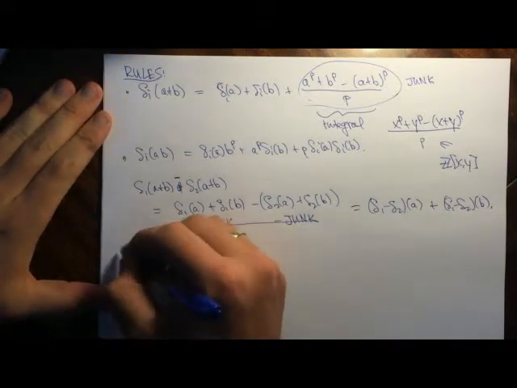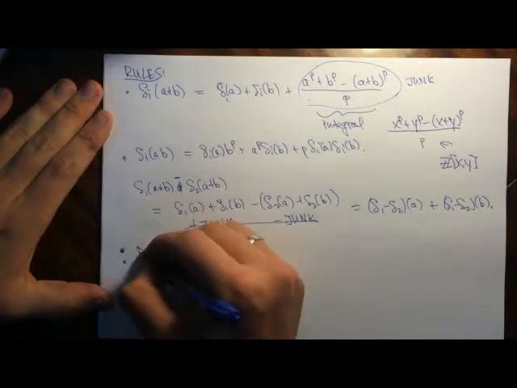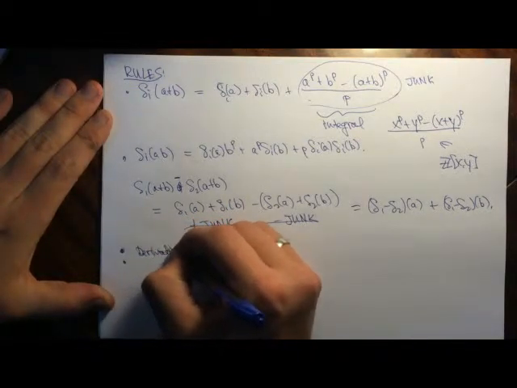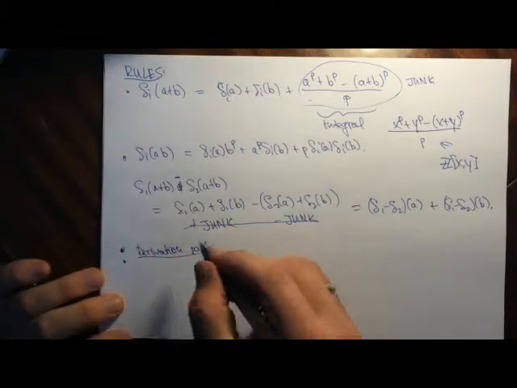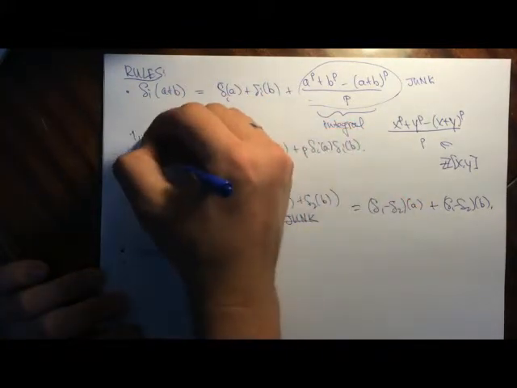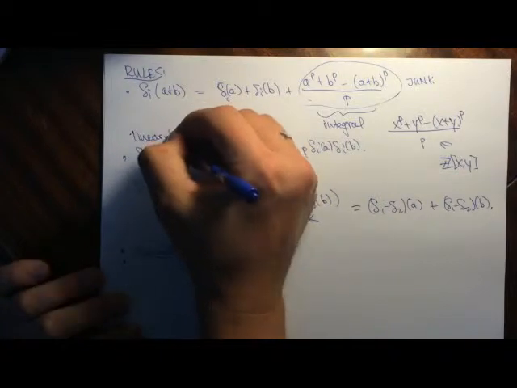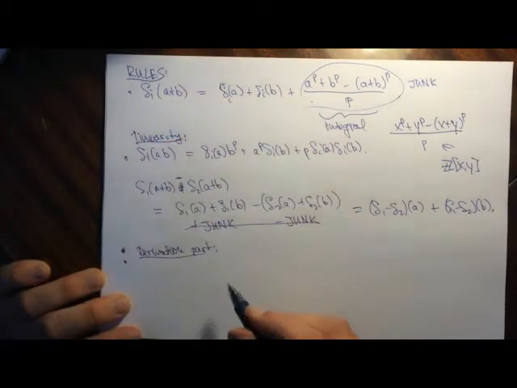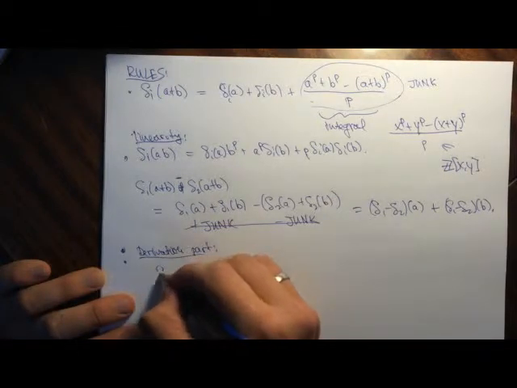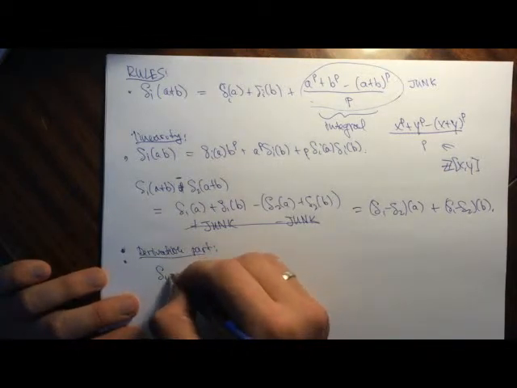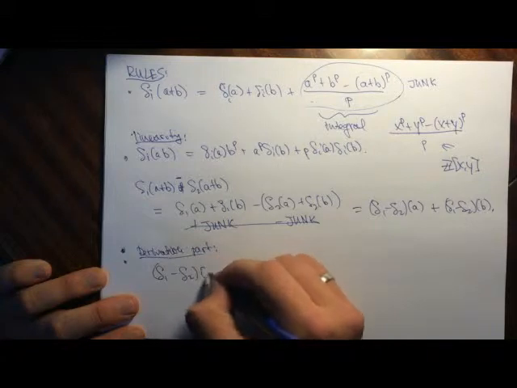Okay, so that is the linearity. Now the derivation part: we just do the exact same thing. Delta 1 minus delta 2 of ab.